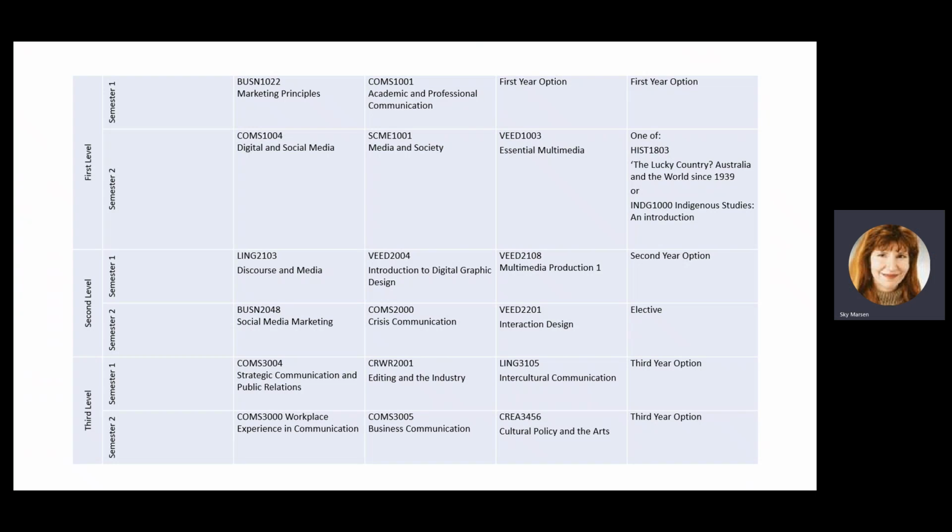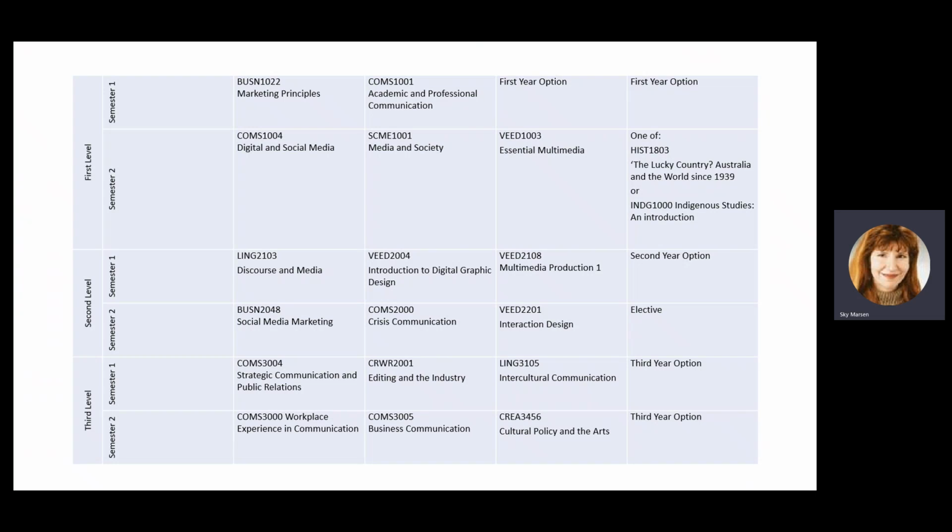Looking at these topics, you can see the three strands that I was talking about. Just looking at the first year, you have a business topic, Marketing Principles. Then you have Comms 1001, which is the communication principles, so critical communication one.